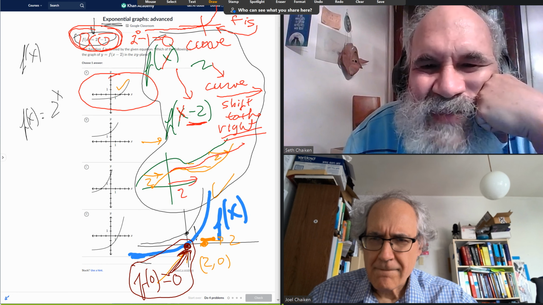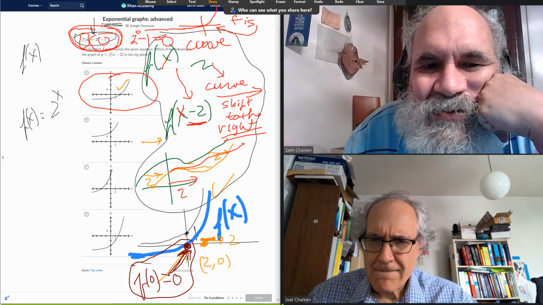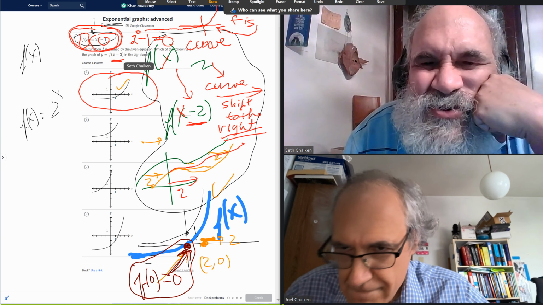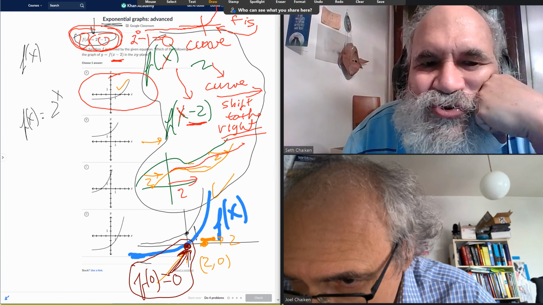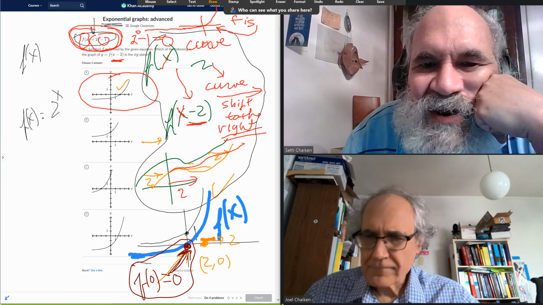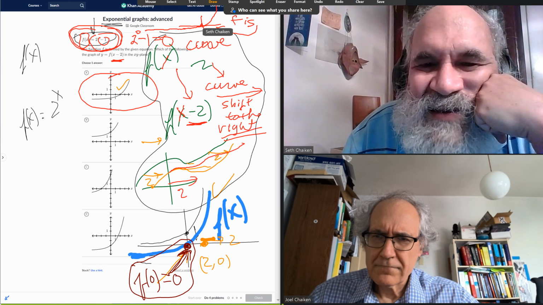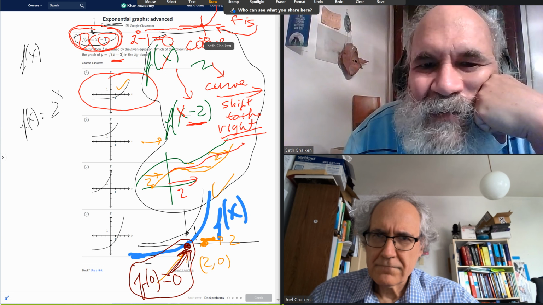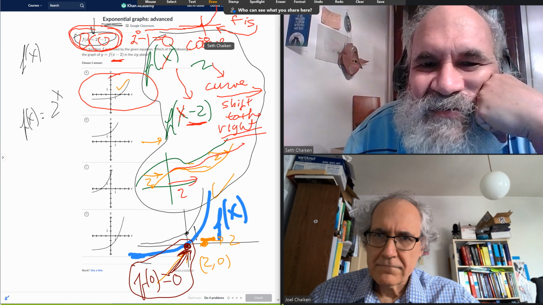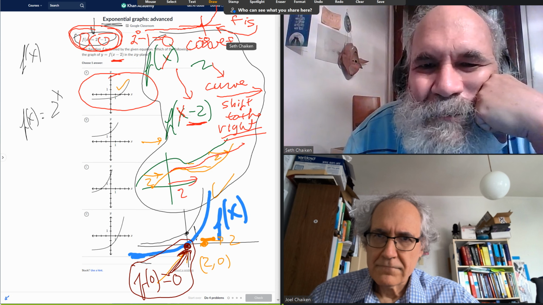Then I saw that they were asking us to shift it to the right 2 steps. I realized that in the original f, when x equals 0, the function value is 0, so I knew it went through the origin.